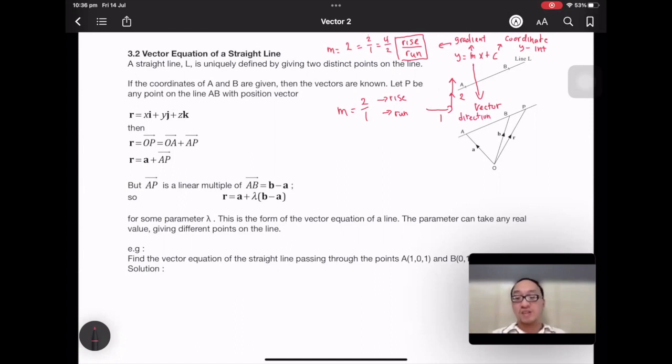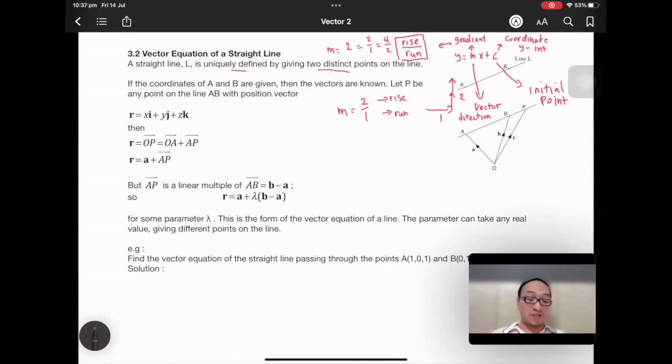And C is one coordinate, or I can say it is the initial point. So the straight line is uniquely defined by giving two distinct points on the line.